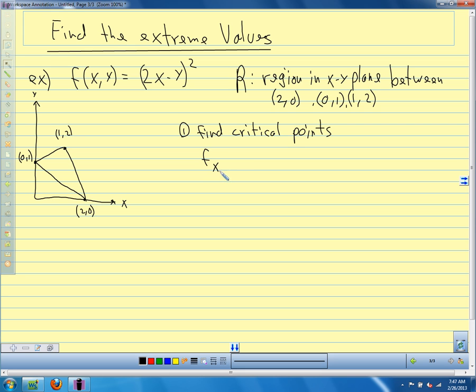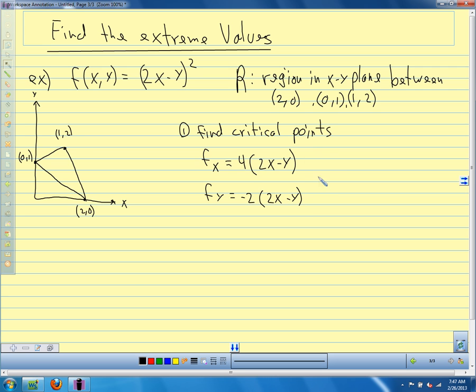So our critical points are going to occur when our first partials each equal 0. So f sub x is going to be 4 times (2x minus y), and f sub y is going to be minus 2 times (2x minus y).